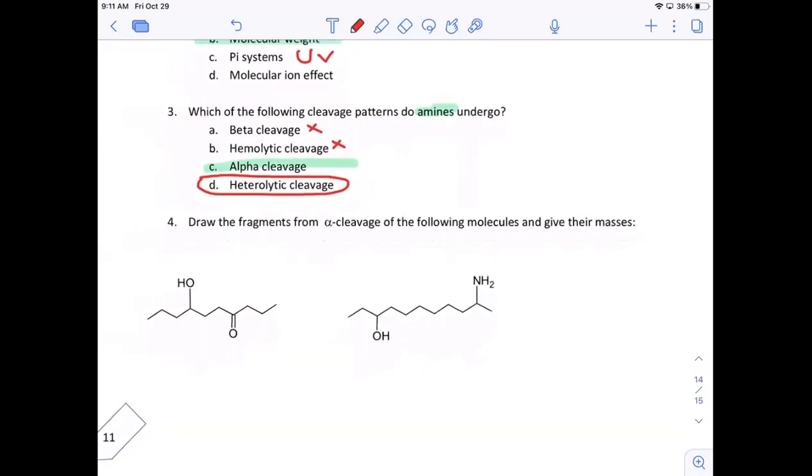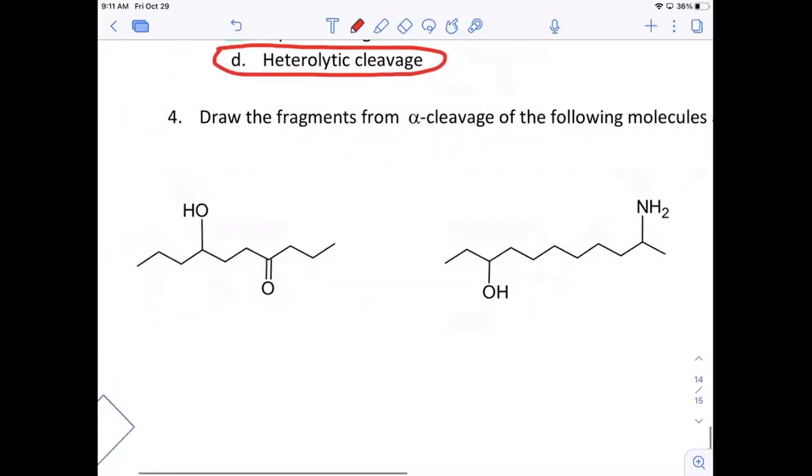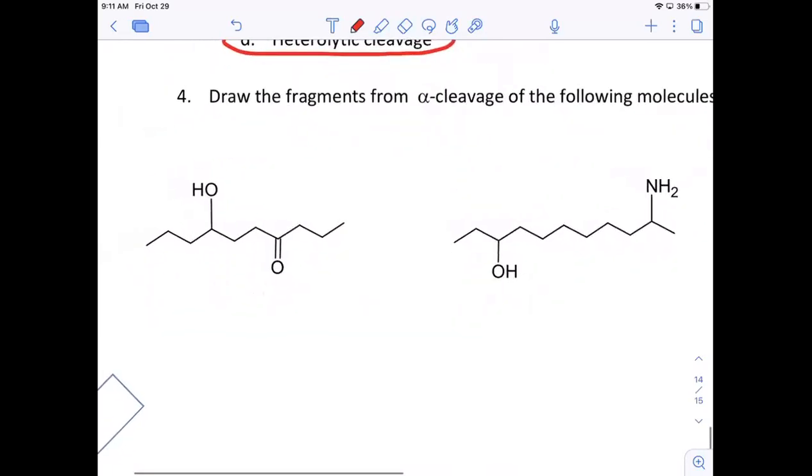All right, so down here, let's look at the examples. You've got an alcohol functional group. You have a ketone functional group. So what do you think about the cleavage patterns here? I intended to upload that PowerPoint. I'll upload it today with these notes.